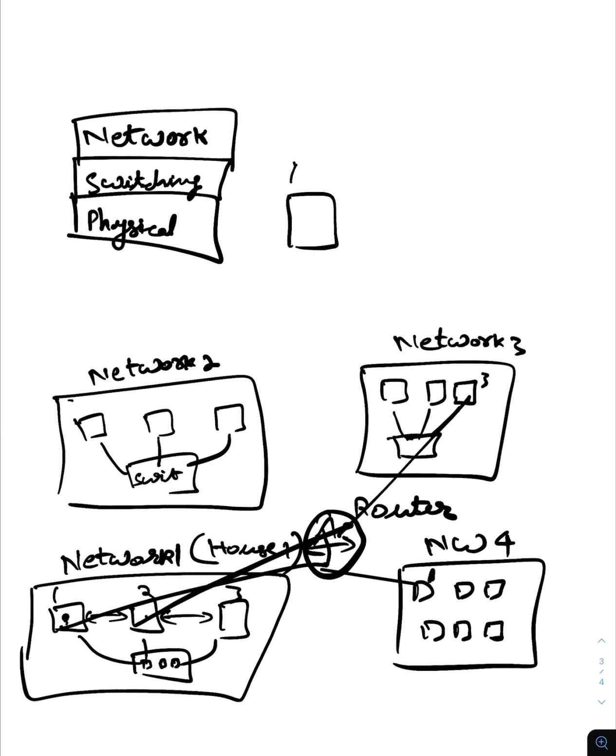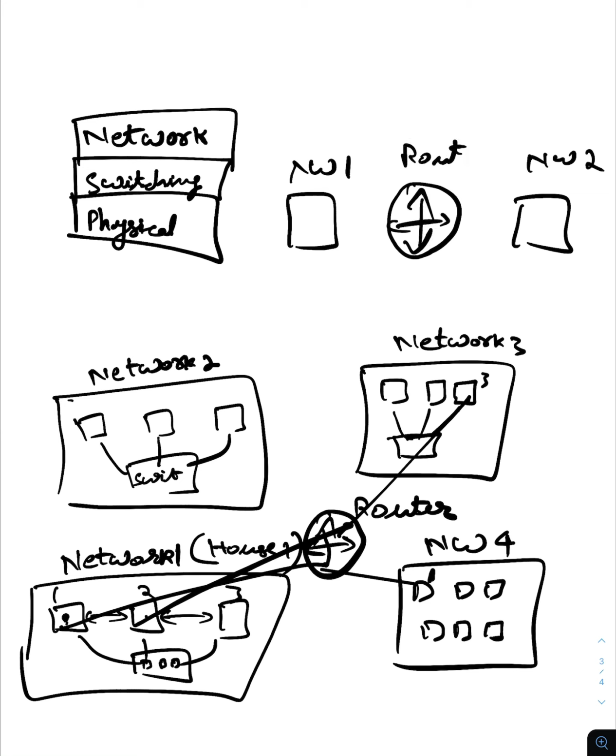So from network 1 to network 2, you always have something called a router in between. So these routers have their own firewalls. They have all their restrictions which are programmed into them.